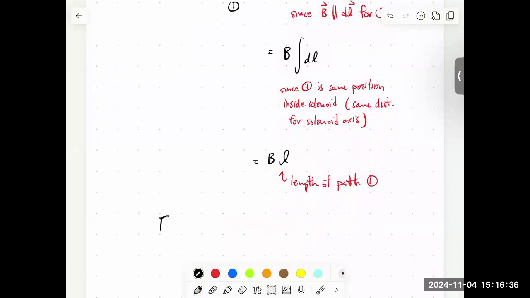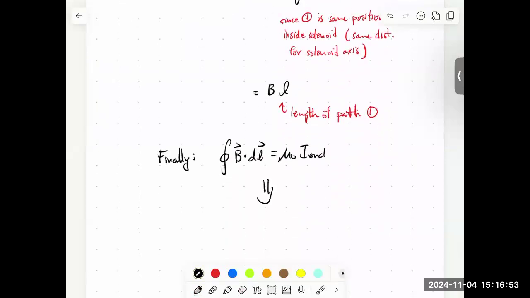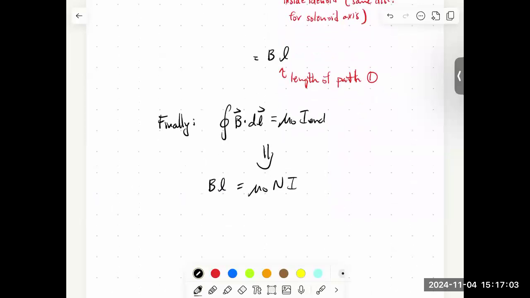So finally, from B dot dl equals mu naught I enclosed, this is Ampere's law. The integral gave us B times L. Then we have mu naught I enclosed, which is n times I. And if we divide by L, B is mu naught n over L times I.